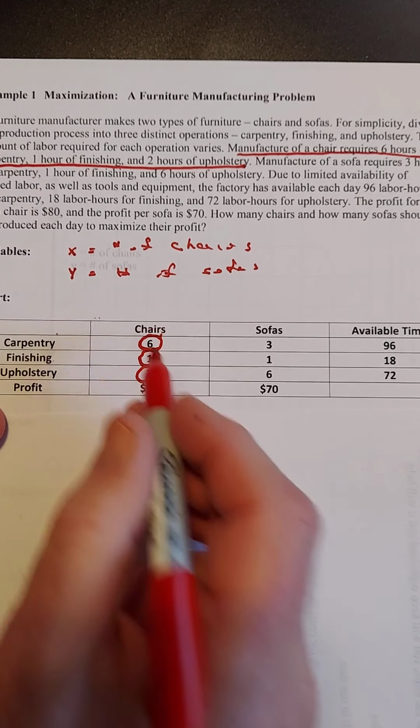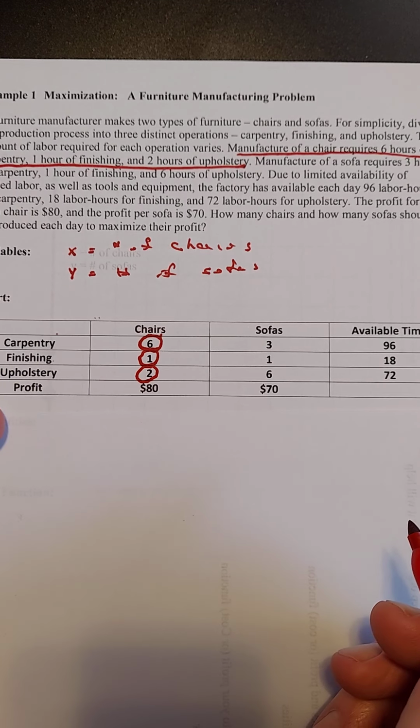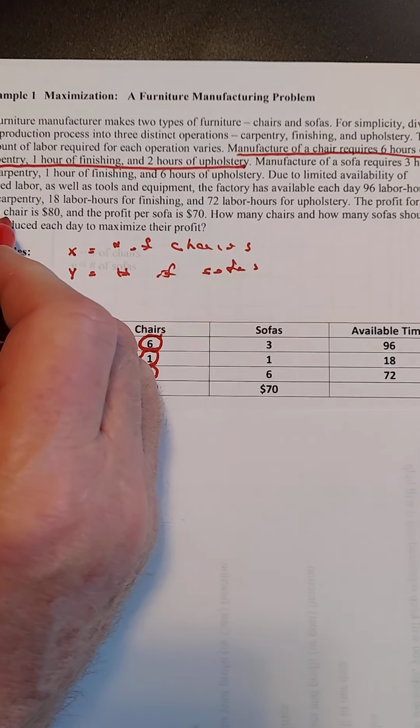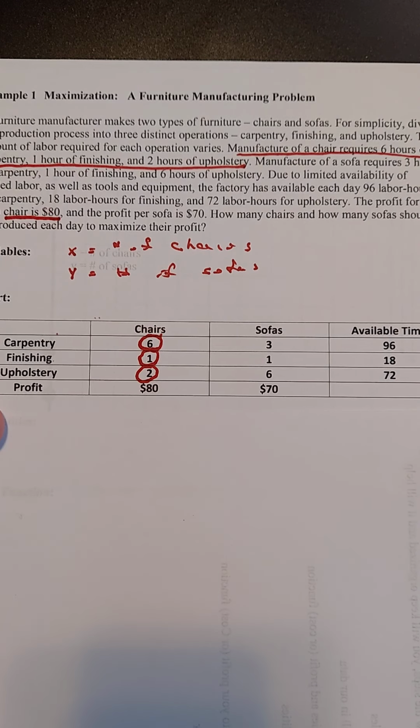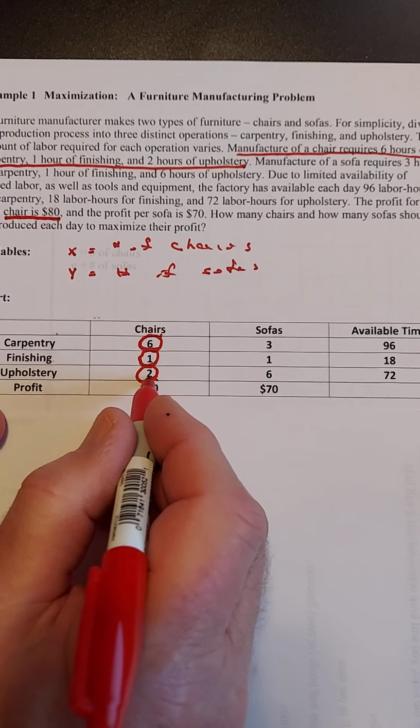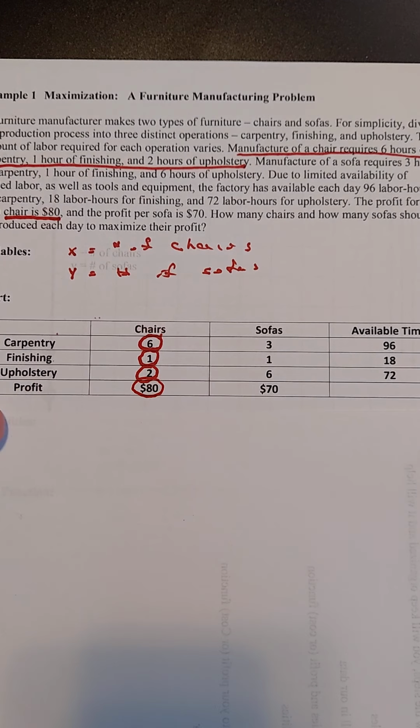That's the number of hours for a chair. I'm going to skip down to the bottom. Right here, the profit for each chair is $80. So there's your first column of numbers.